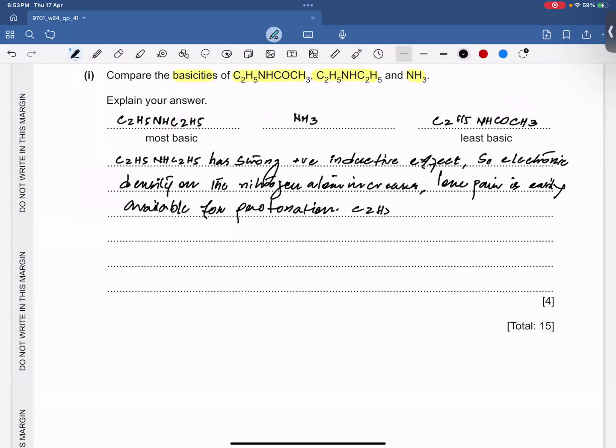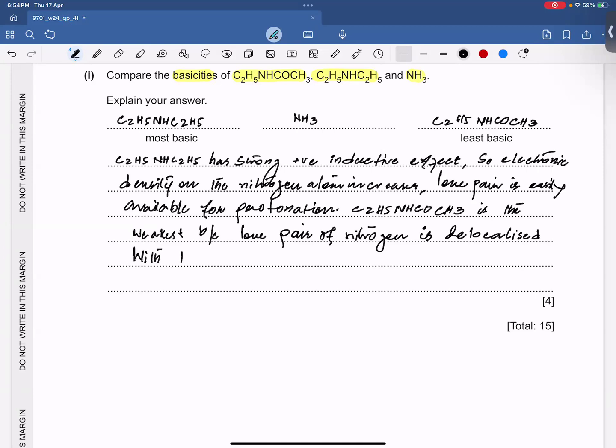So C2H5NHCOCH3 is the weakest because lone pair of nitrogen is delocalized with a pi bond of oxygen atom.